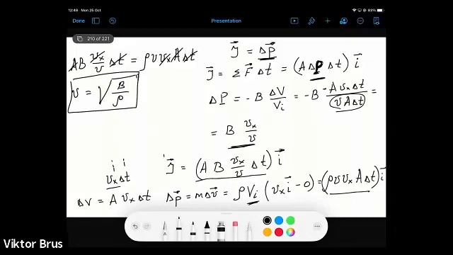We see that it's very similar to the speed of a wave on a string. So that was V equal to square root of tension divided by linear density, mu.